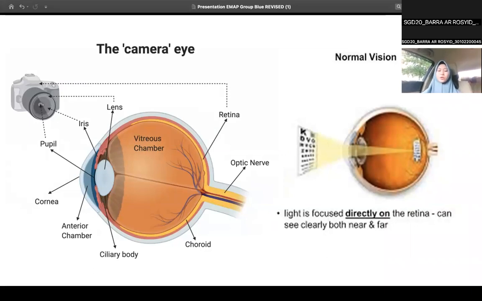When you look at an object, light reflected from the object enters your eye through the cornea and gets to your lens. Your pupil gets bigger and smaller to control the amount of light that gets into your eye. Your cornea and lens refract, or bend, the light to bring what you see into focus. Light reaches the retina at the back of your eye, and the retina changes the images into electrical impulses or signals.